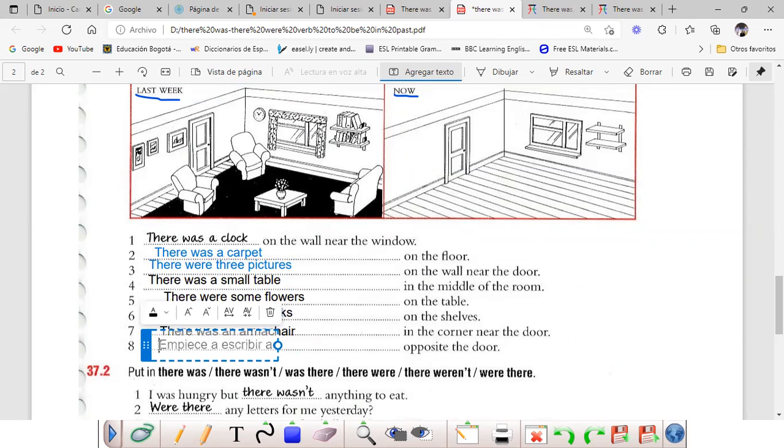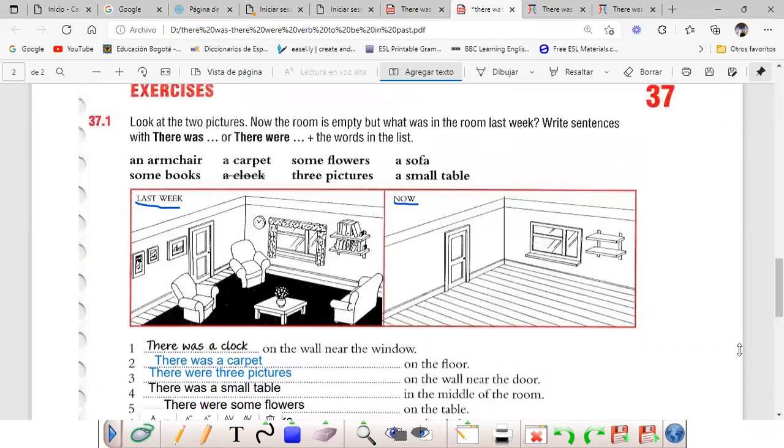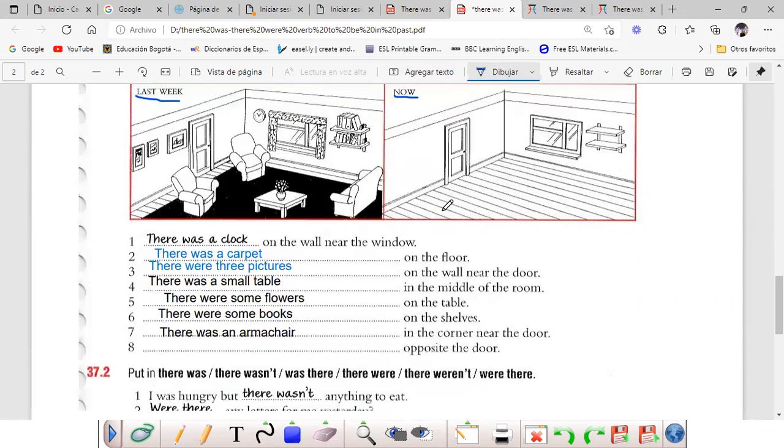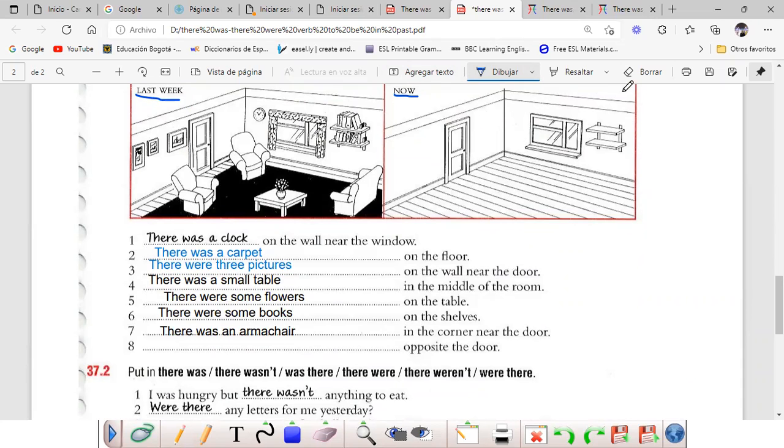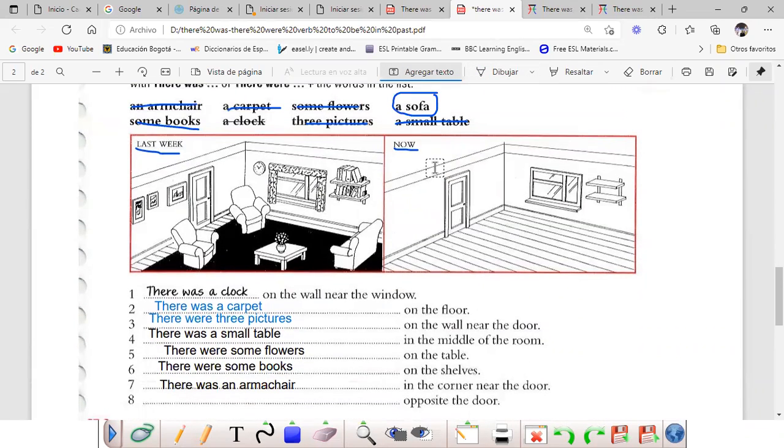Remember, we have the armchair, some books, carpet, some flowers, three pictures, a small table. So we only need to work on the sofa. There was a sofa opposite the door. Perfect. Very good.